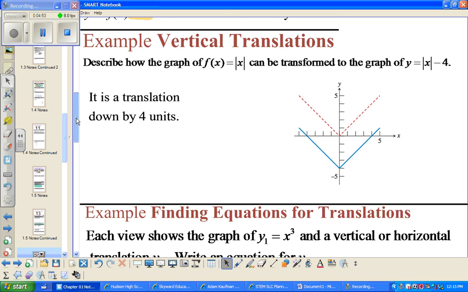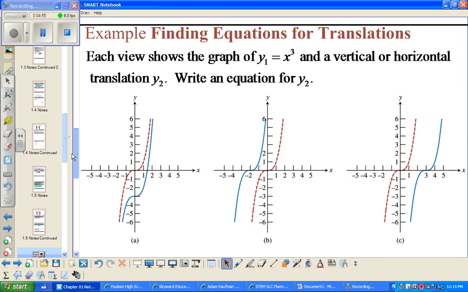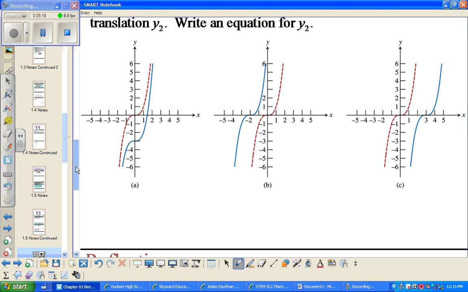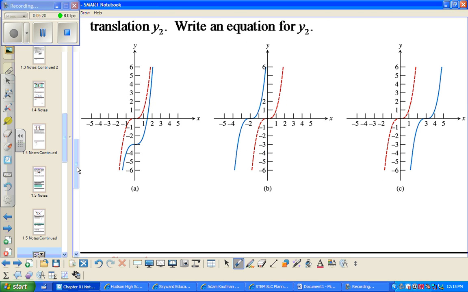In this next example, you'll be finding equations for translations shown in a graph. The dotted red line in each of these graphs represents y equals x cubed. I would like you to write the equation that represents the blue graph.